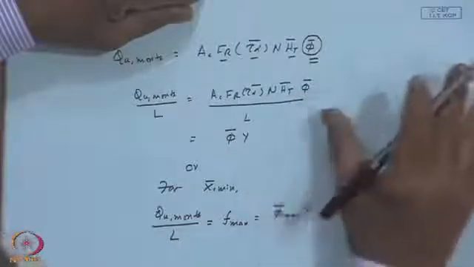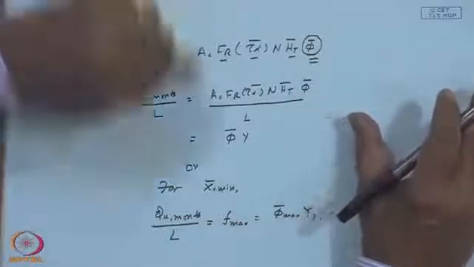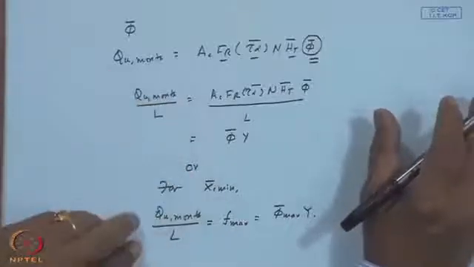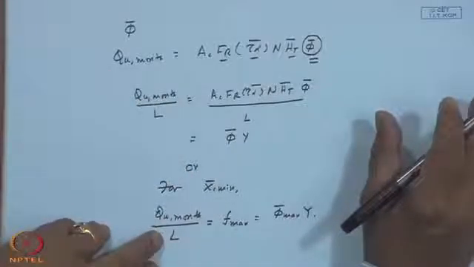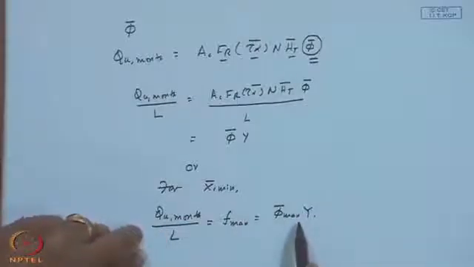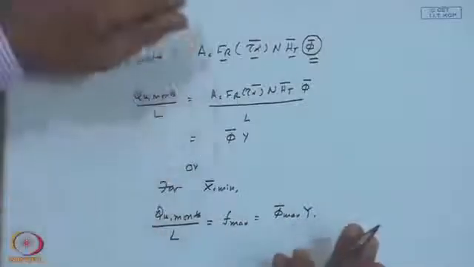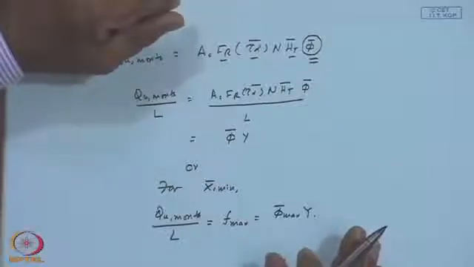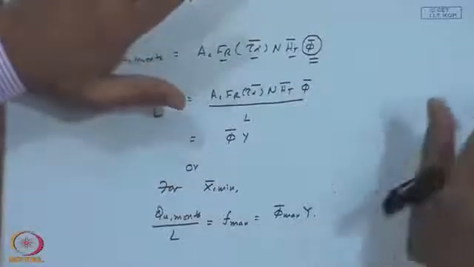So, if phi bar max is the corresponding utilizability for the x c bar minimum, in a way this q u month, if I normalize with the load, I will have a product phi bar max y, which in one sense is the absolute maximum solar load fraction that the system can supply without other calculations.